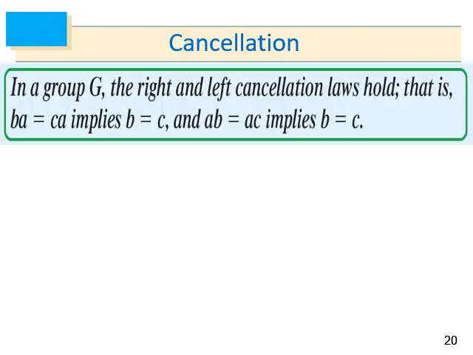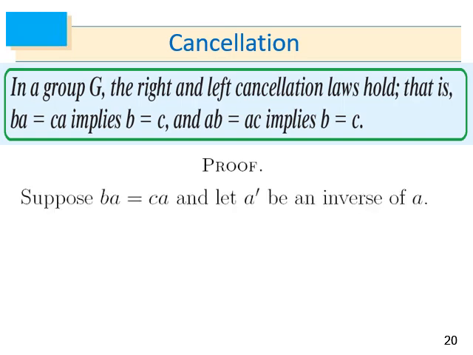Cancellation law. In a group G, the right and the left cancellation laws hold: if b·a equals c·a, this implies b equals c, and if a·b equals a·c, this implies that b equals c. To prove that, suppose that b·a equals c·a and let a' be an inverse of a.